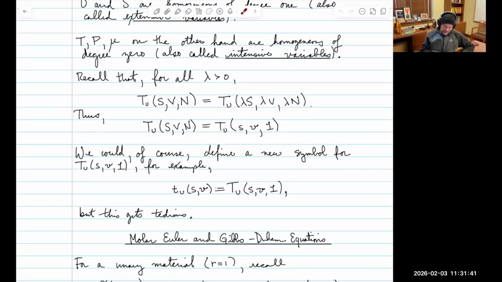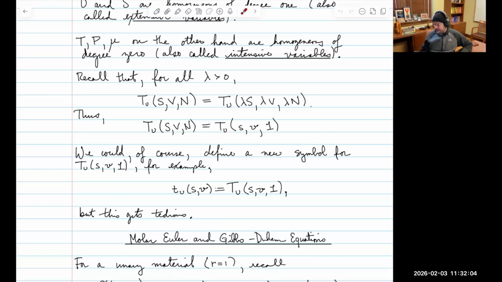Now this function here, we can continue in the path that we've been going before. We could give this a new name. For example, we could call this lowercase t, in the same way that we used lowercase s and lowercase u previously. However, this is getting way too tedious, and so we're not going to go into this level of depth.